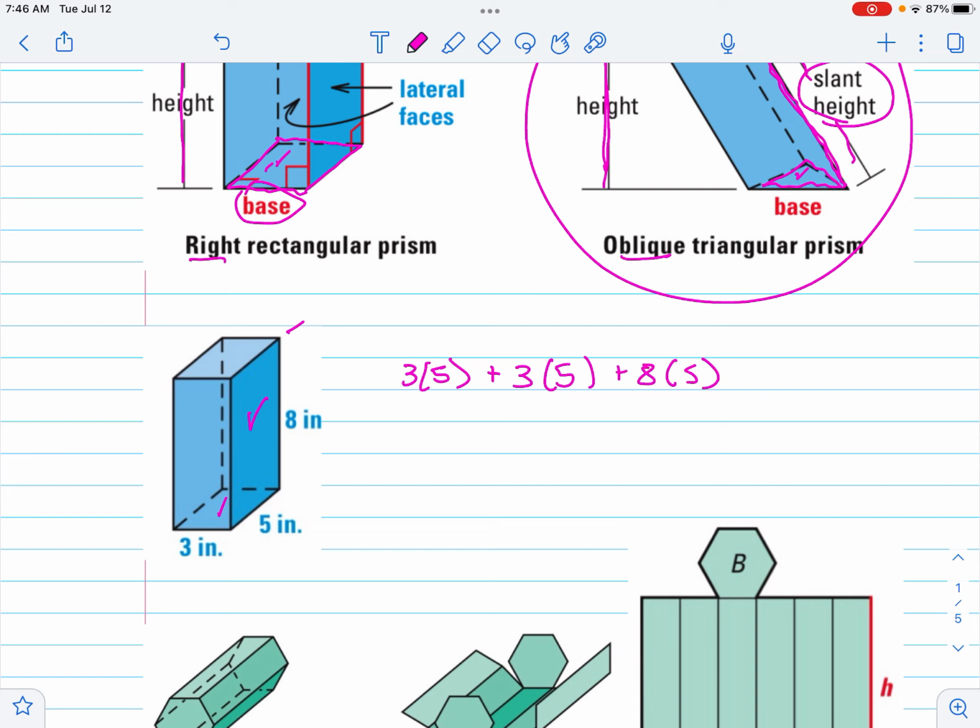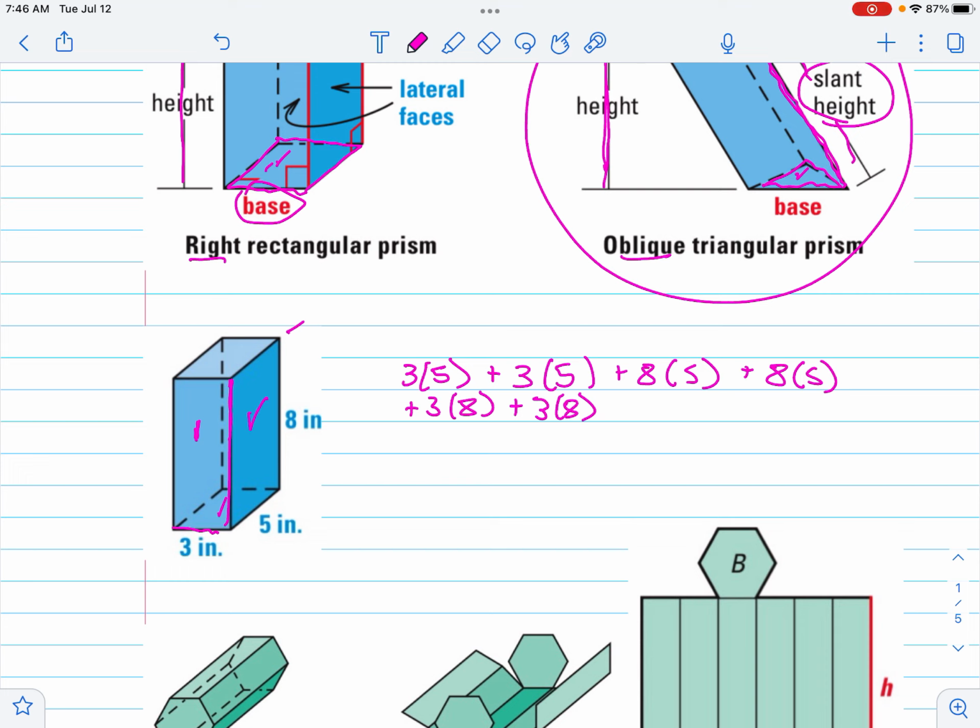And then we've got these two, which are 3 times 8, plus 3 times 8. Notice that takes care of all the surface area.